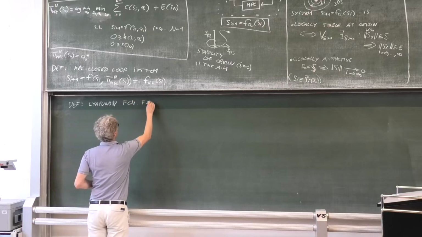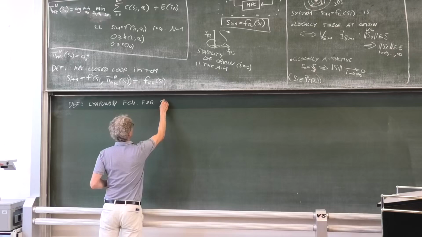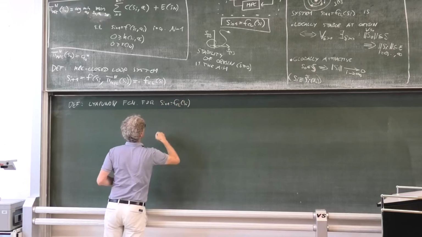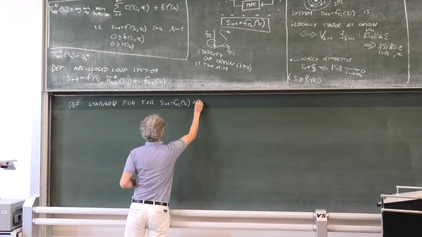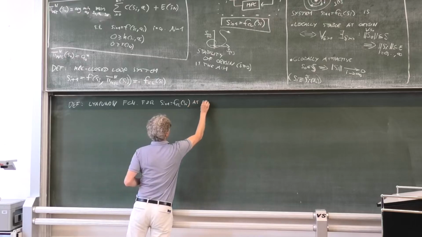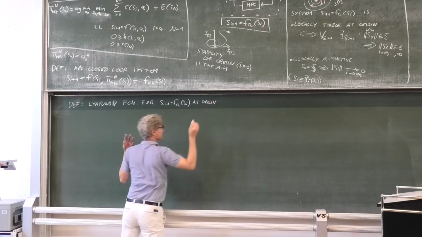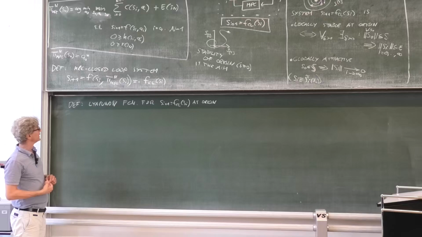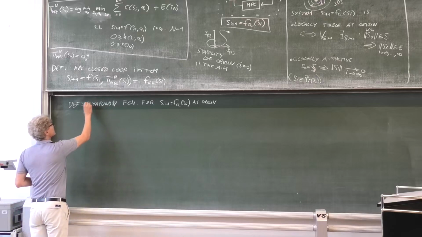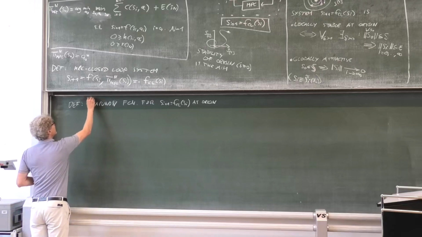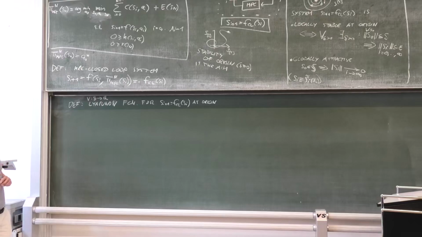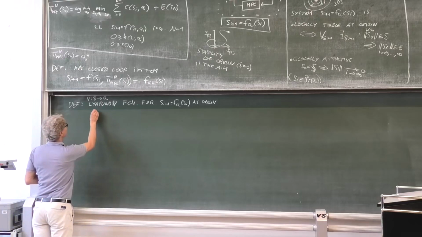A Lyapunov function for a system S_{i+1} = F_CL(S_i) at the origin. It can be defined with respect to other points if you like, but it's a Lyapunov function at the origin. So first, V is a function from the state space to the real numbers. It is a Lyapunov function if and only if the following holds.